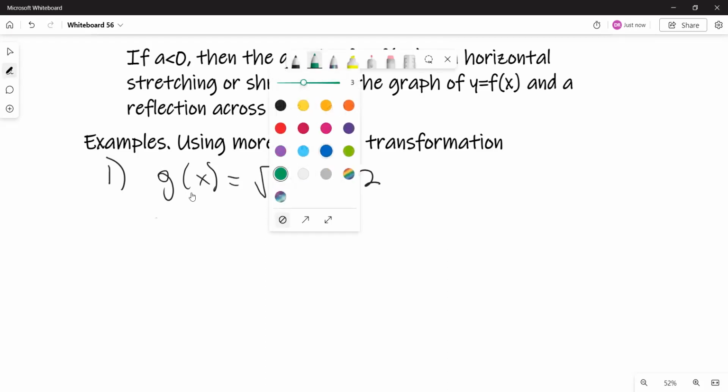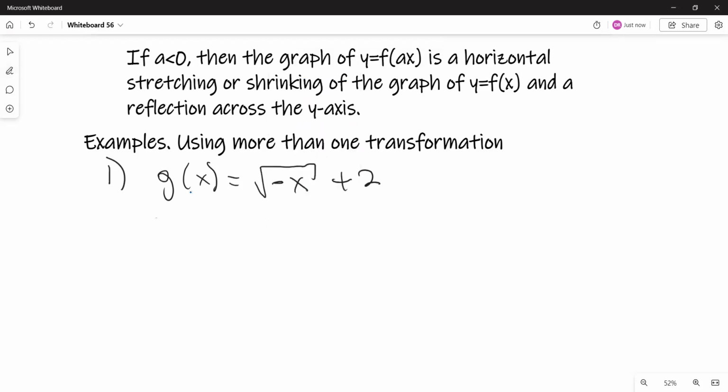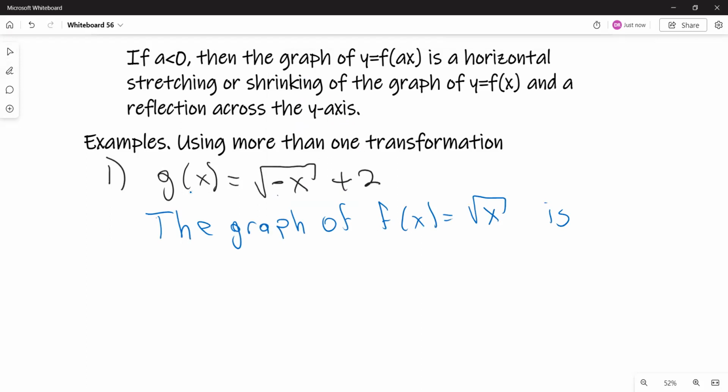Okay, so we have a set of transformations. The graph of f of x, the graph of the square root function, we have two transformations. With this minus sign, we have a reflection.